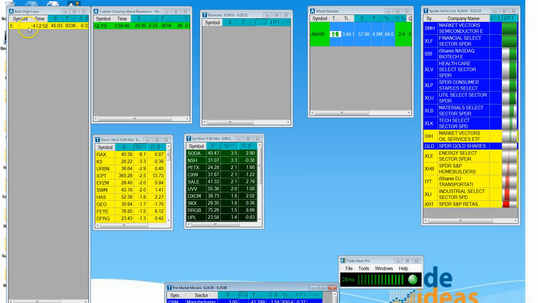Now let me show you this one. I really enjoy watching this one because this is basic highs and lows. And again, unfortunately, this window would have been full of stocks. I know somebody asked a question about colors, and the colors are just user preference. I like to see yellow when stocks are down, green when stocks are up.